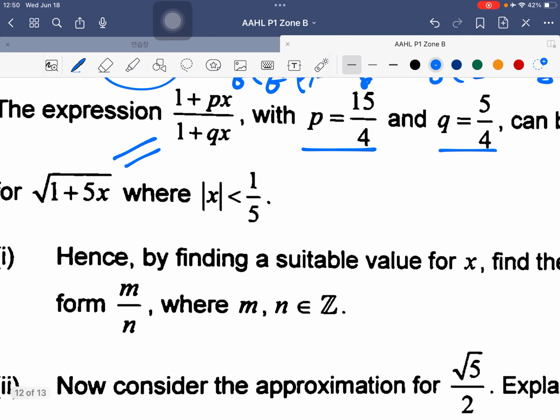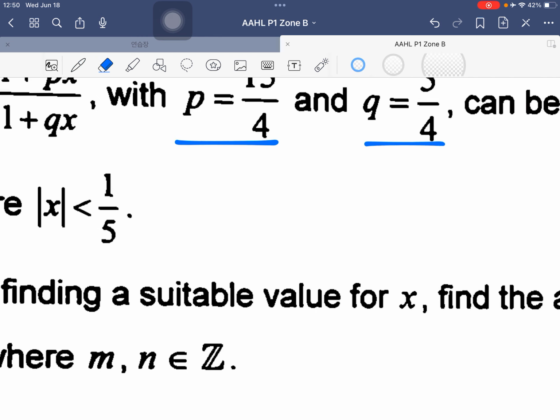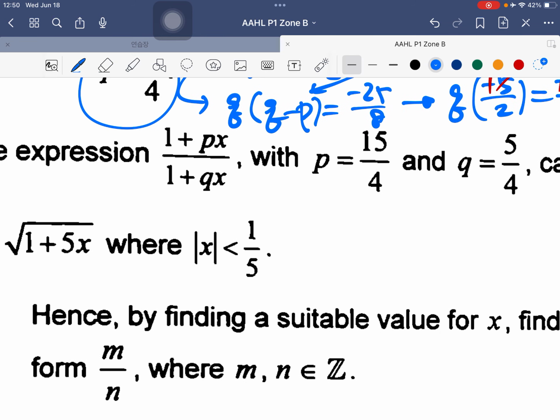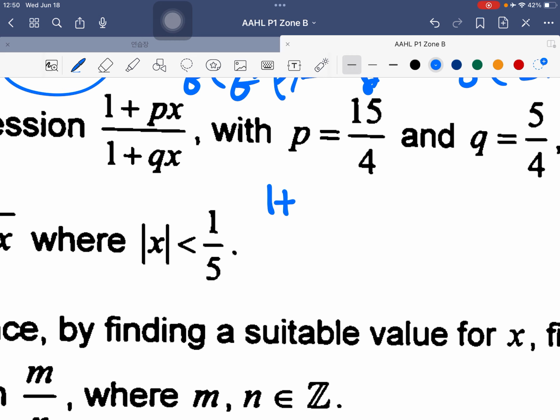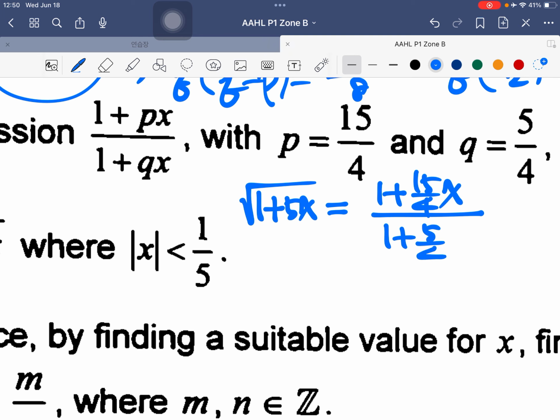So what it says is this expression is exactly 1 plus 15 over 4 x, over 1 plus 5 over 4 x.